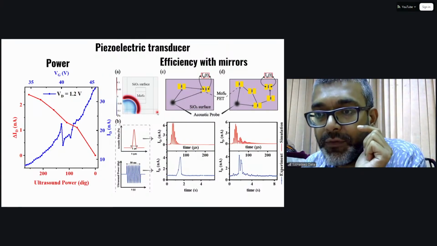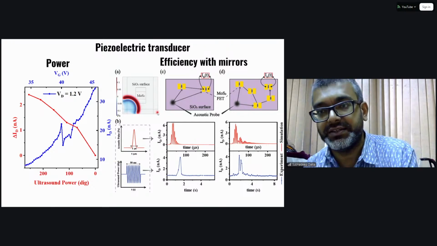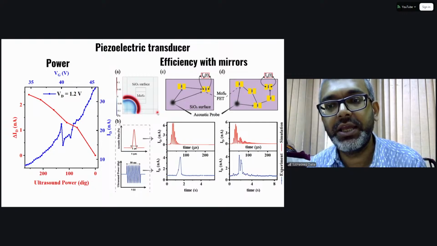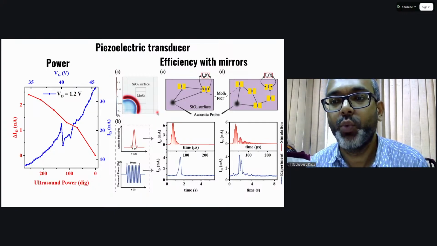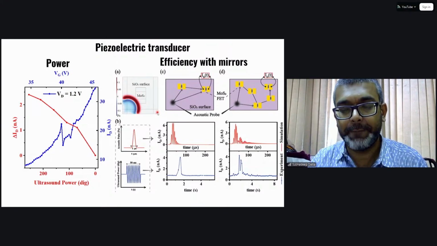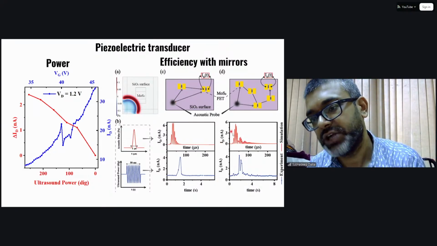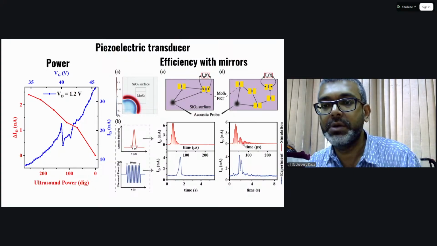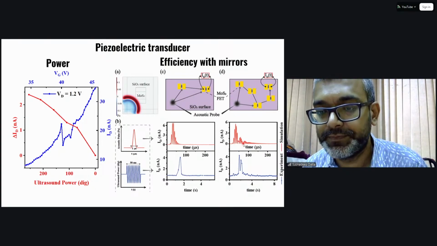Now, if we place different mirrors, in our case gold electrodes, then as I was mentioning, you can create sound waves and standing waves, and then you can make the transients broader, so you can keep this effect of ultrasound for a long time.